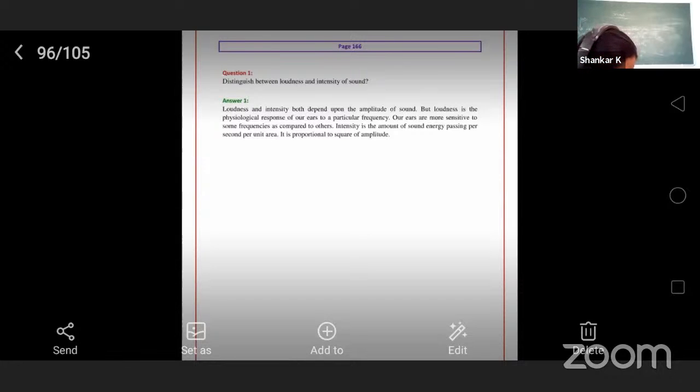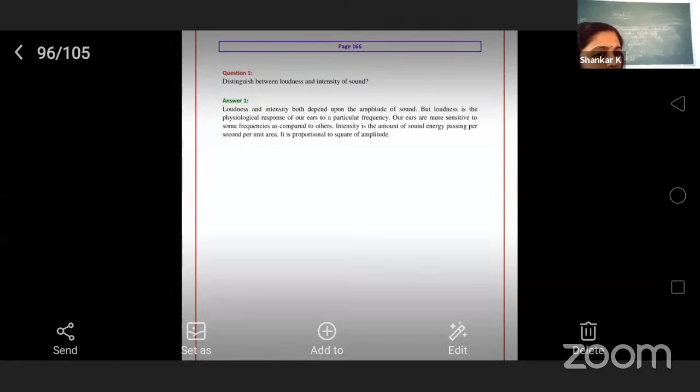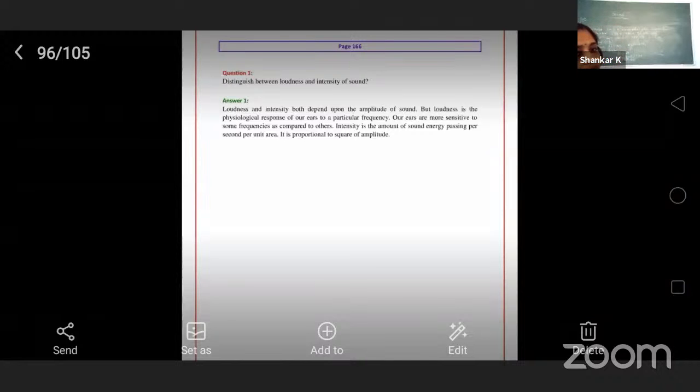Then distinguish between loudness and intensity of sound. Loudness and intensity both depend upon the amplitude of sound. Loudness is the physiological response of our ears to a particular frequency. Our ears are more sensitive to some frequencies as compared to others.